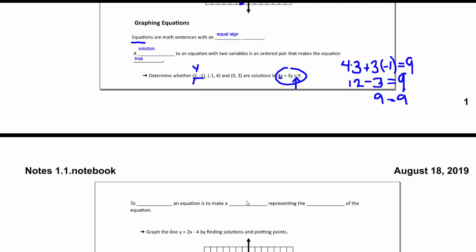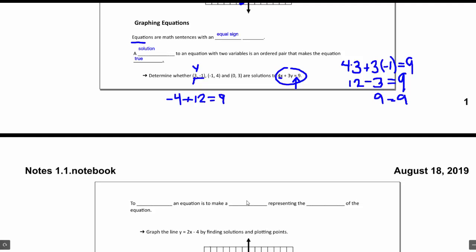Okay, so let's go ahead and check the second one. I'm not going to write out all the steps like I did before. I'm going to do it down here below because I don't have a whole lot of room over here to the right. 4 times x, which is -1, so 4 times -1 is -4, plus 3 times y, the y value for this ordered pair is 4. 3 times 4 is 12, equals 9.